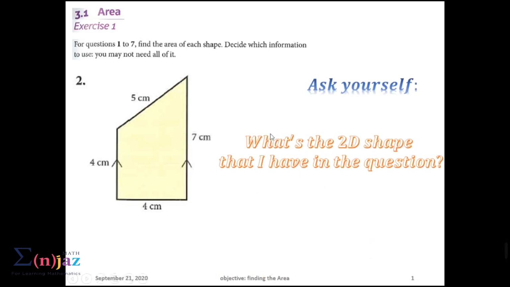If you look at it, we have two parallel sides here, and I have four sides, four angles, and two of the sides are parallel. So basically, this is a trapezium.